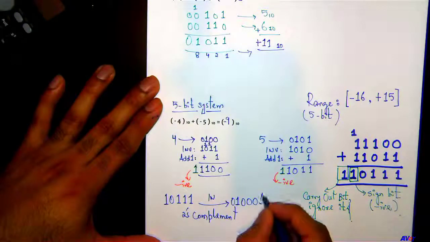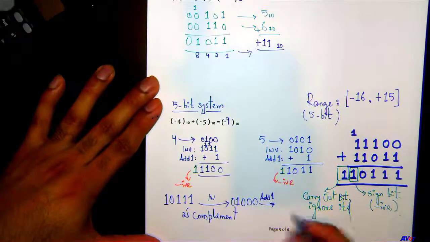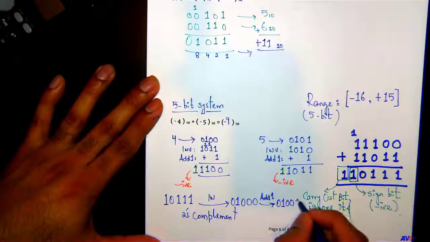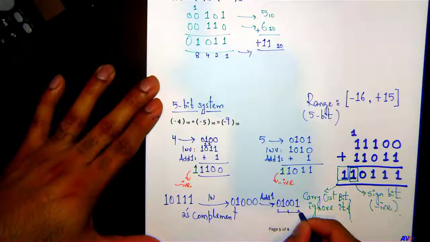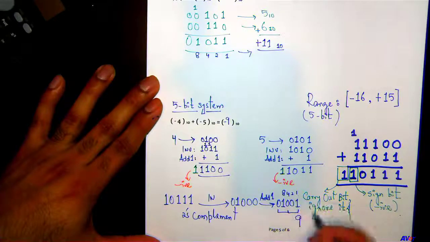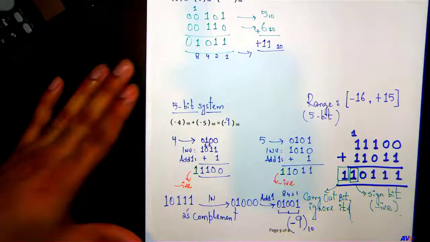If I add 1 here, what would this number be? Come on guys, 0 1. Correct. Okay, this makes a decimal code of 9, right? 1 2 4 8. 8 plus 1 is 9, and because this was a negative number, you get a negative sign here, and that's what we were expecting here, right?